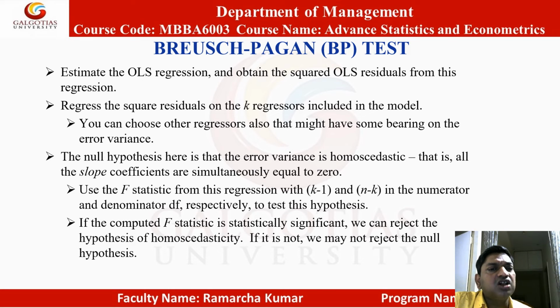That is, all the slope coefficients are simultaneously equal to 0. Use the F statistic from the regression with k minus 1 and n minus k in the numerator and denominator degrees of freedom respectively to test this hypothesis. If the computed F statistic is statistically significant, we can reject the hypothesis of homoscedasticity. If it is not, we may not reject the null hypothesis.